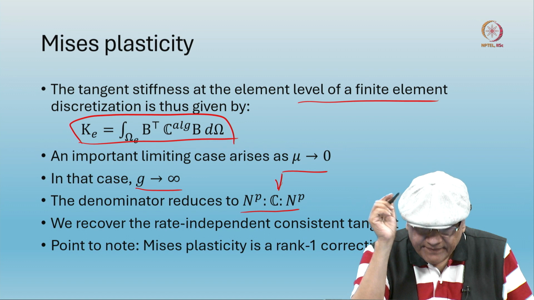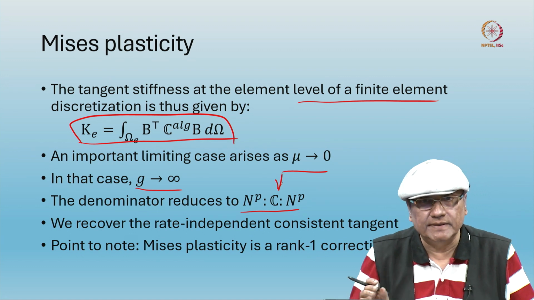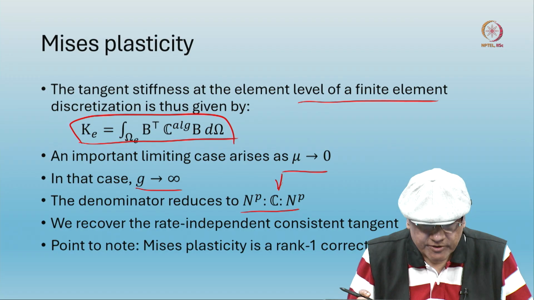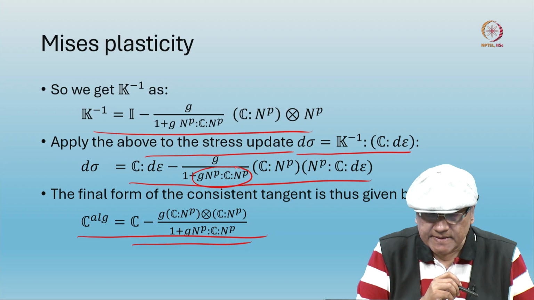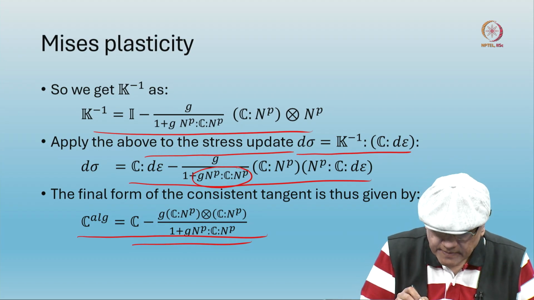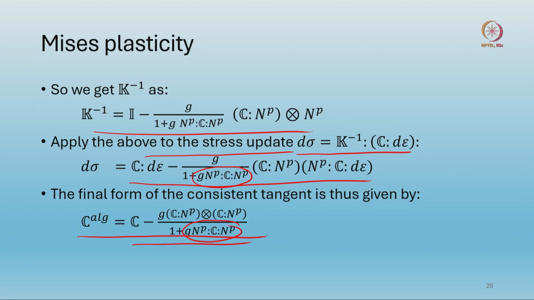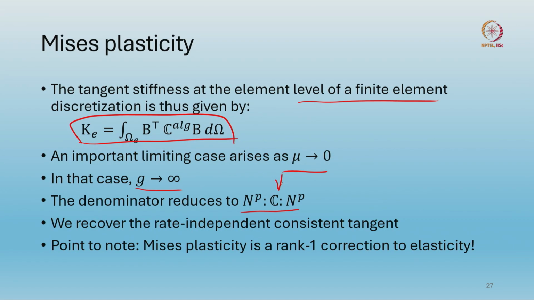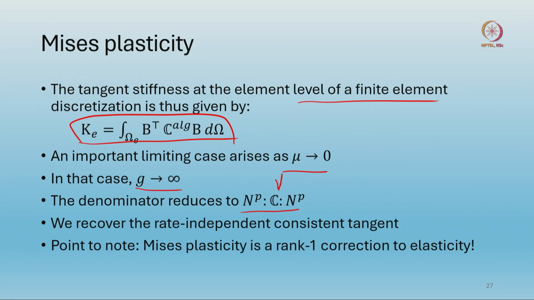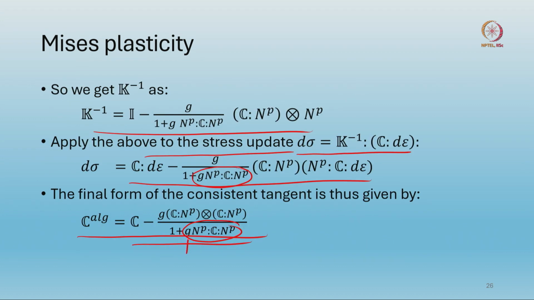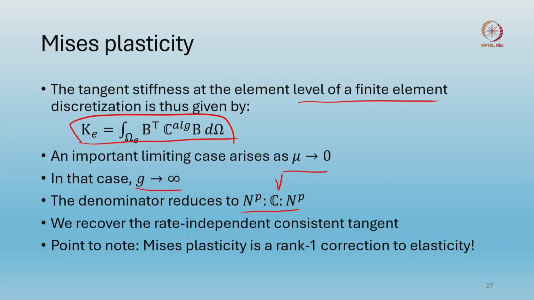Now in this sense, we recover the rate independent consistent tangent. Observe that in the expression for C algorithm, this quantity is G tending to infinity, so the denominator reduces to just NP.